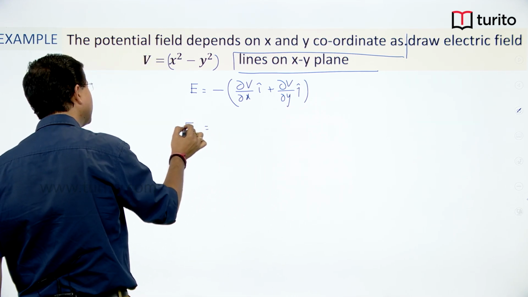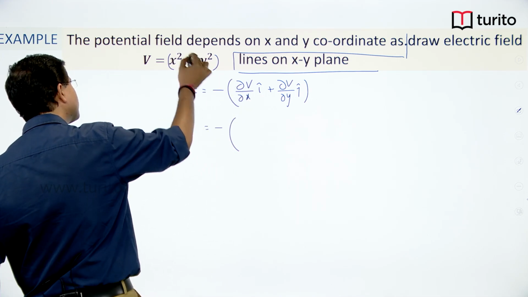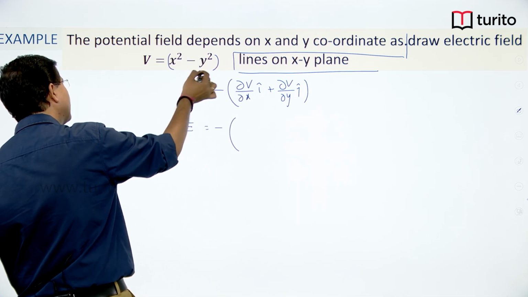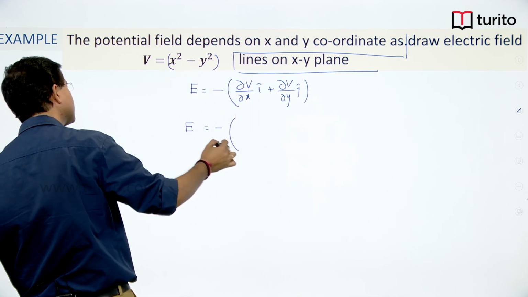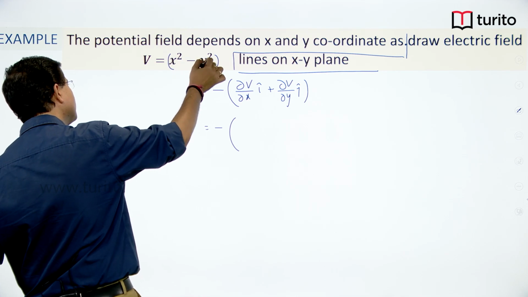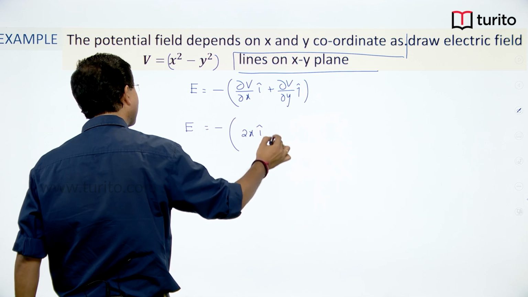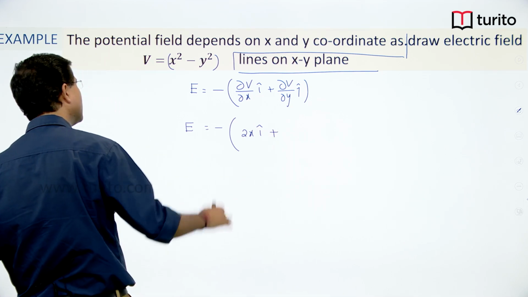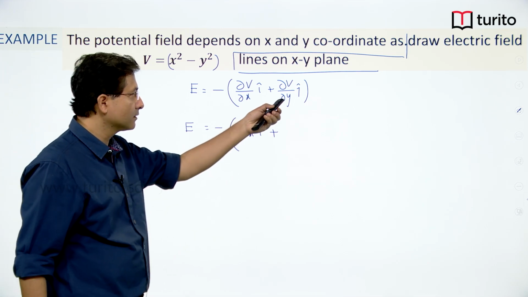So, E is minus the differentiation of this whole expression with respect to x. We assume y to be constant and differentiate partially with respect to x. For the first term, this will be 0 and this will be 2x i cap. Plus, now differentiate the whole expression with respect to y.